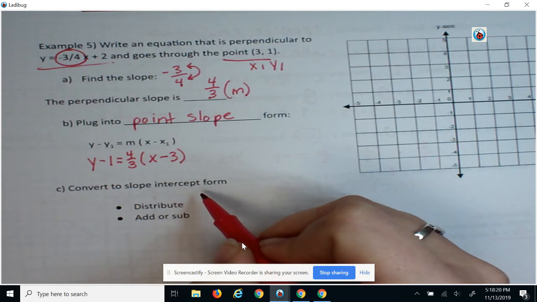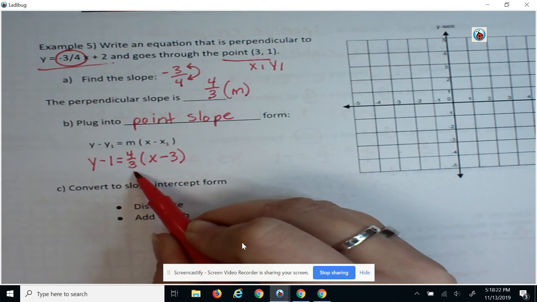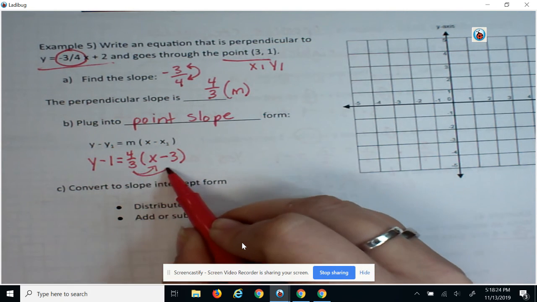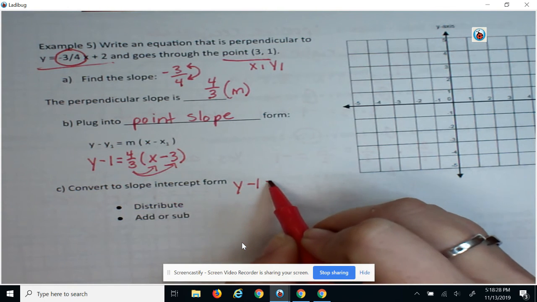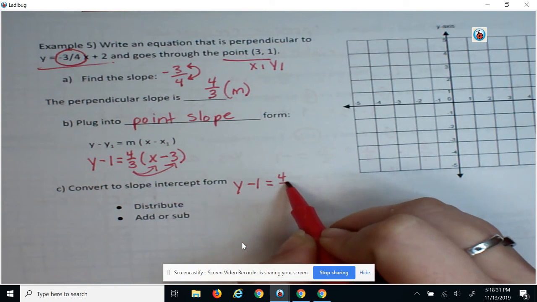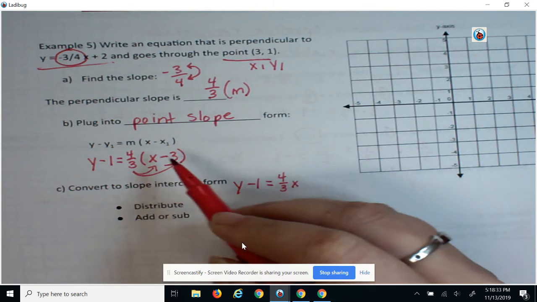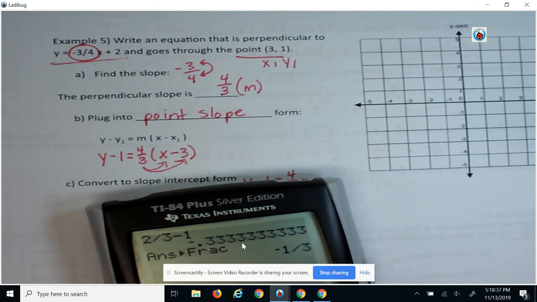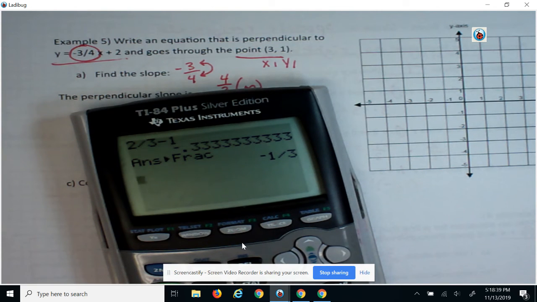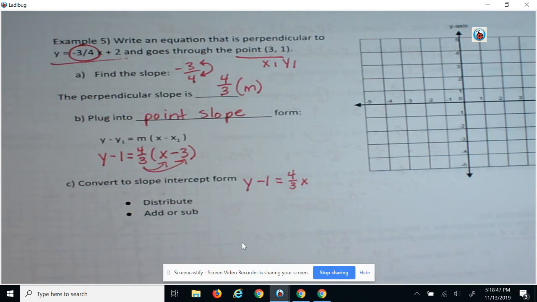Then convert to slope intercept form. So I want to distribute, get rid of those parentheses, right? Bring down the y minus 1. Then I have 4/3 x, 4/3 times 3. 4 divided by 3 times 3 is 4.